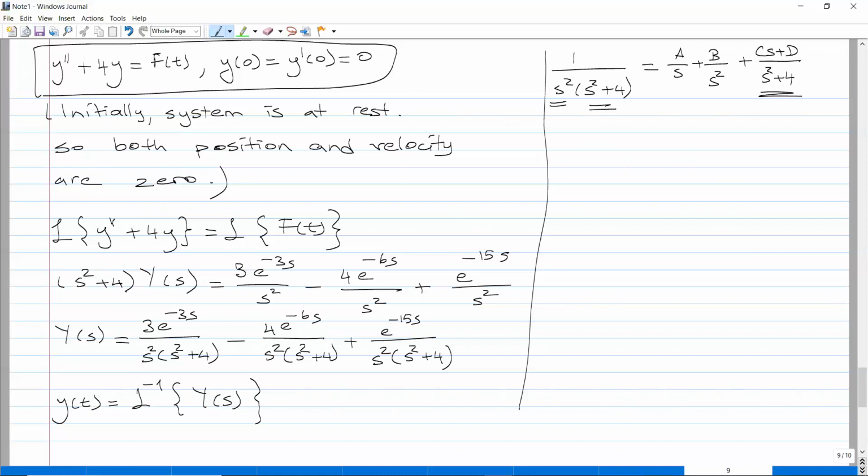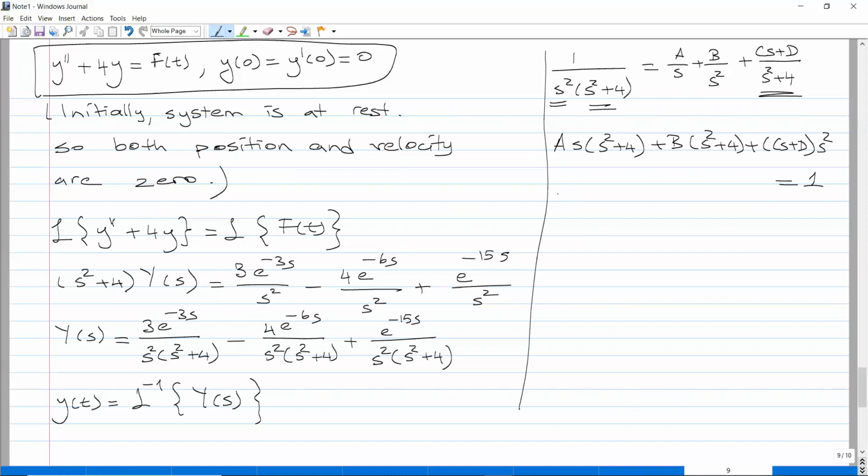It's second degree. So we need to obtain common denominators. To get the common denominator, I multiply A with s times s squared plus 4, and I multiply B with s squared plus 4, and we multiply Cs plus D with s squared. And this should be 1.